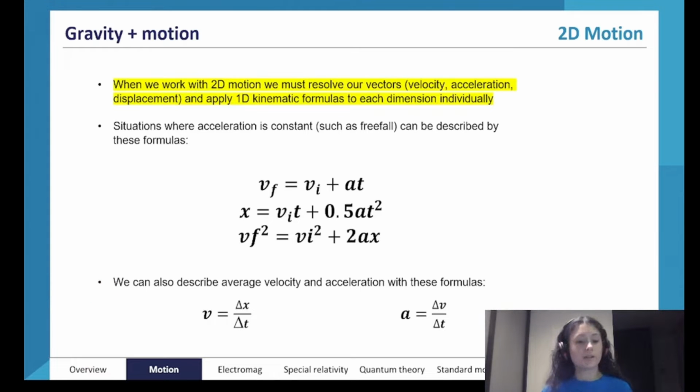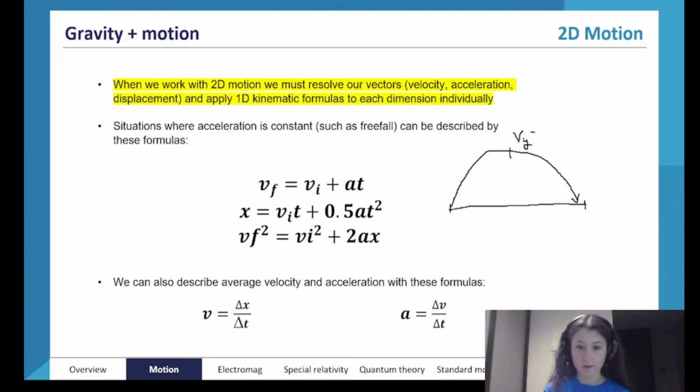I'll just quickly give you guys an overview of what projectile motion looks like, and some important things to pop in your notes. Remember that the maximum height of a projectile occurs when the velocity in the y direction is equal to 0.